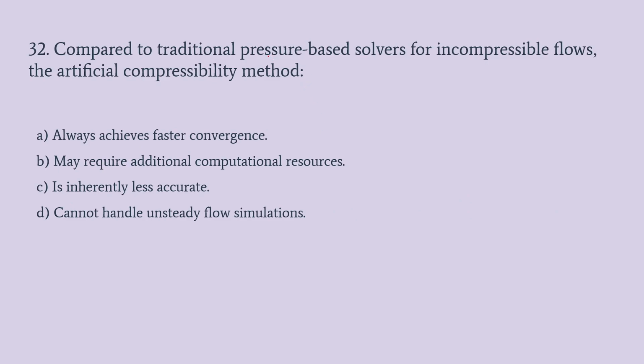Compared to pressure-based solvers for incompressible flows, the artificial compressibility method: options are A, always achieves faster convergence. Option B, may require additional computational resources. Option C, inherently less accurate. Option D, cannot handle unsteady flow simulations.